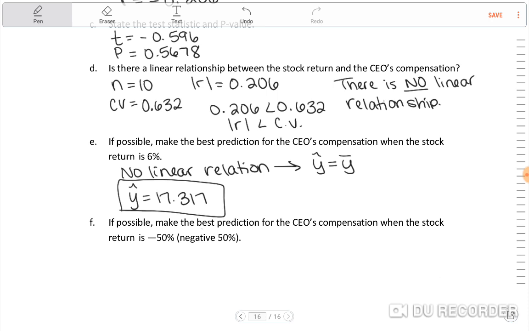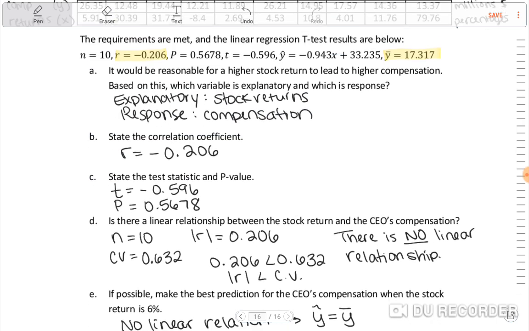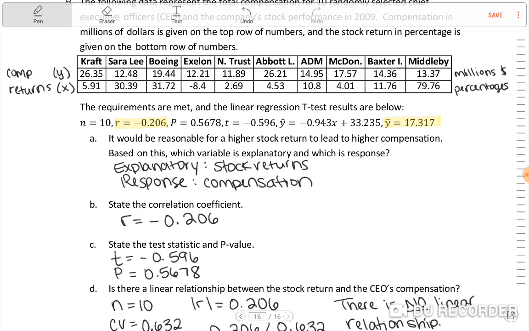If possible, make the best prediction for the CEO's compensation when the stock return is negative 50%. Is that within the scope of our data? Let's look at our numbers. Do we have any negatives in percentages? Oh, we do. We have a negative 8.4.